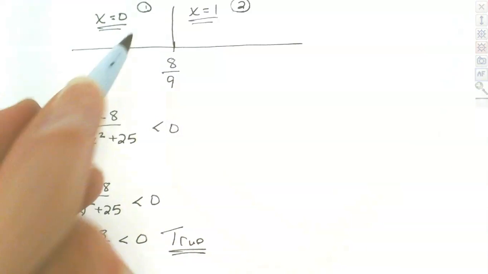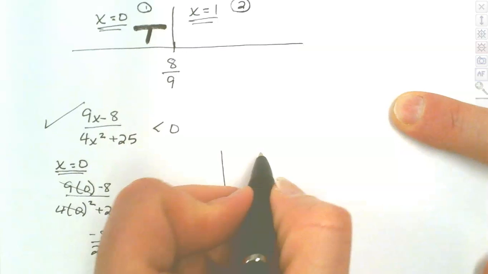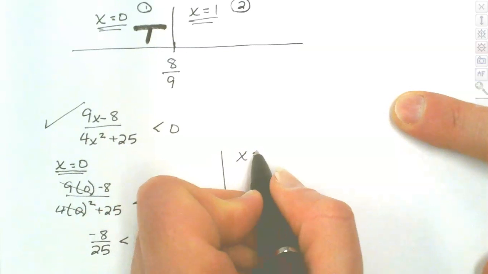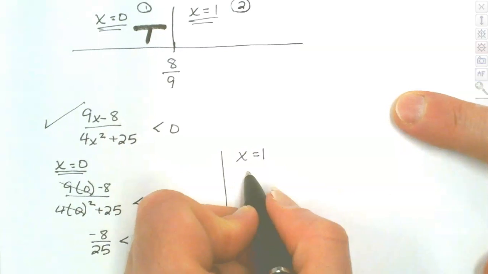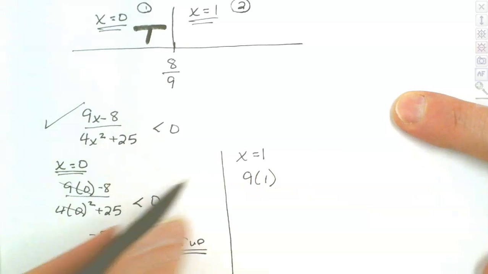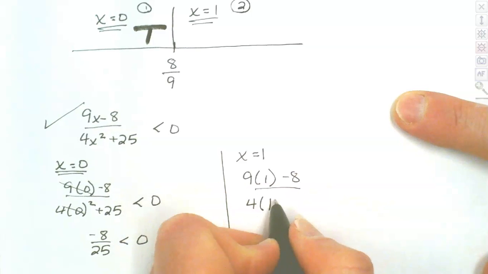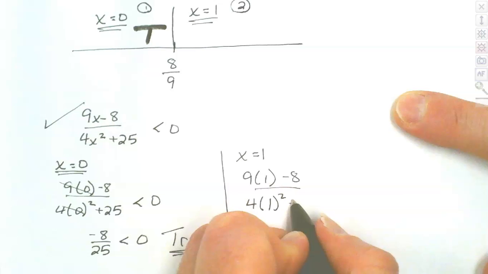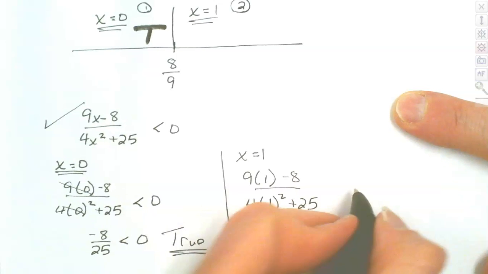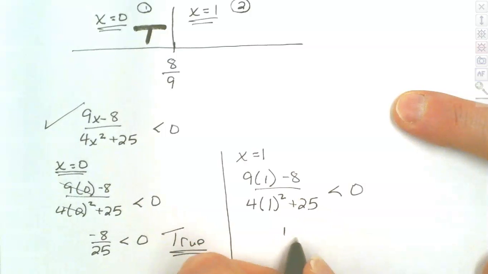Check the other side because it can also be true. If I check the other side, I've got 1. And I've got (9 times 1 - 8)/(4 times 1 squared + 25) < 0. 9 times 1 is 9, minus 8 makes it a 1.